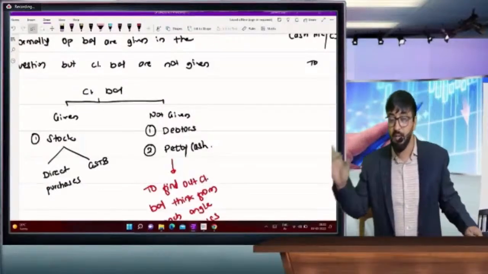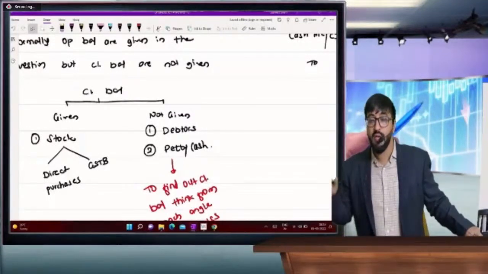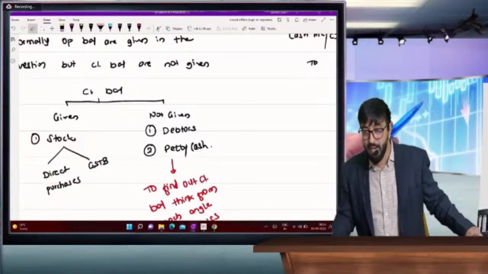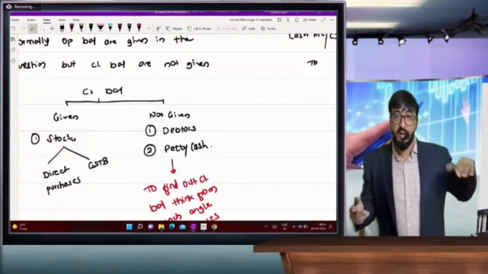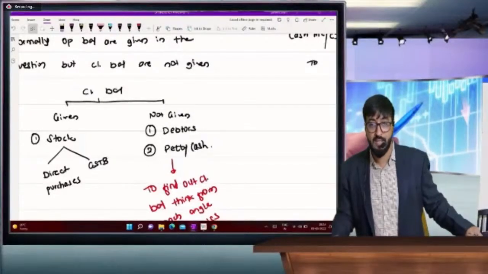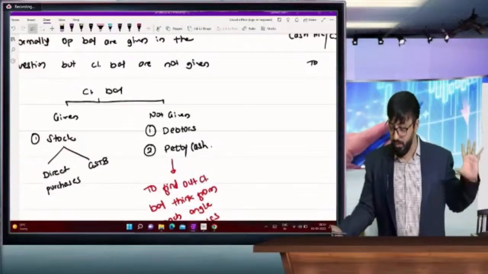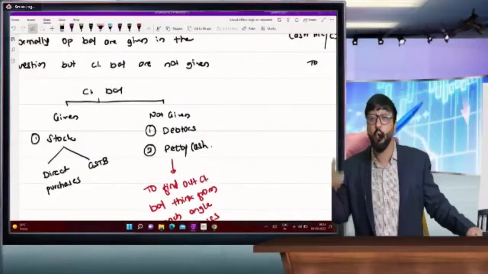Branch debit: to petty cash, to cash for direct payment made by HO, to petty cash remittance, to goods sent to branch. And on the credit side, by cash remitted by head office, and then by cash remitted by branch, and then you write the closing balances.